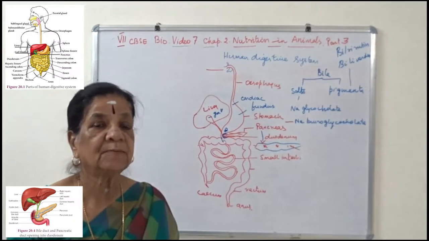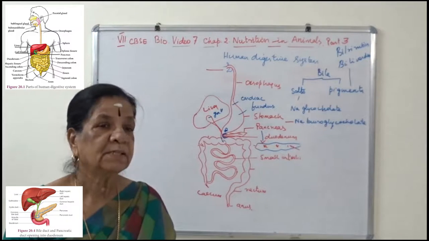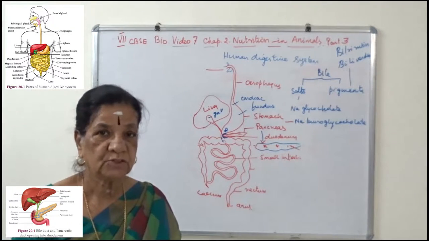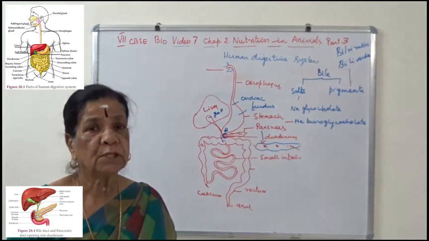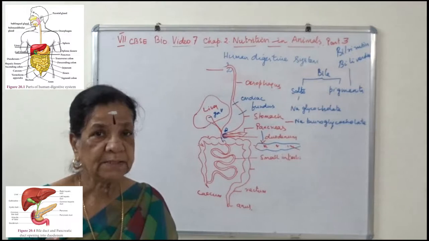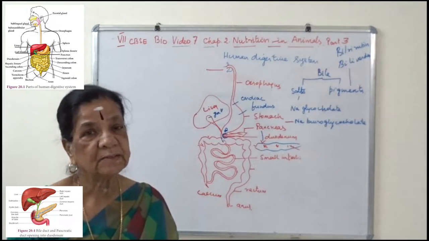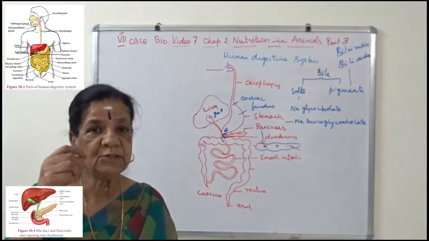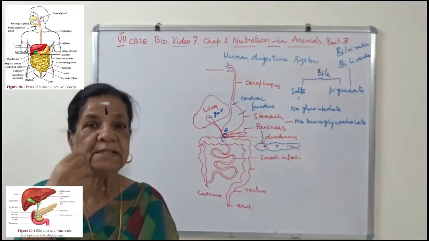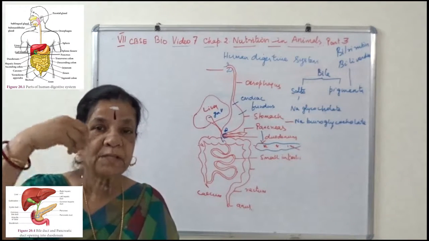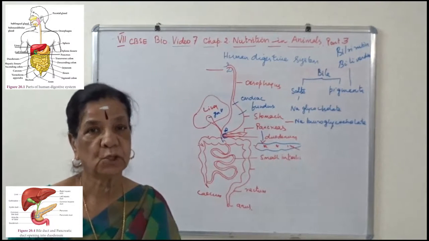Structure of digestion: the mouth has the buccal cavity with an upper and lower jaw. Teeth are heterodont, and there are milk teeth and permanent teeth. What is thecodont? When the teeth are inserted into sockets in the gum, that arrangement is called thecodont.